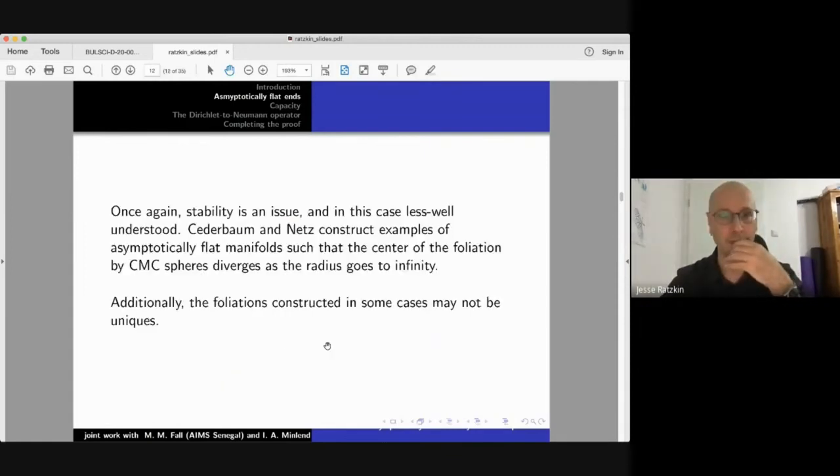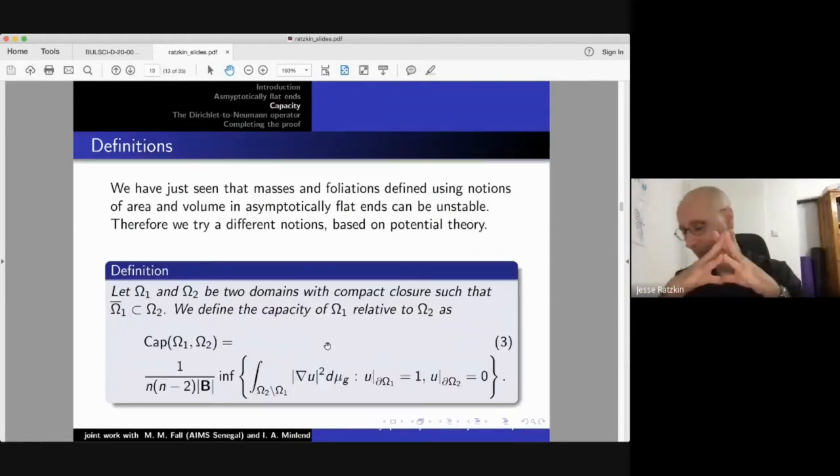So with that, some people have started to look at other notions of mass, other functionals one can try to associate to a set, which might be a little bit more robust, which might not behave so badly under perturbations.